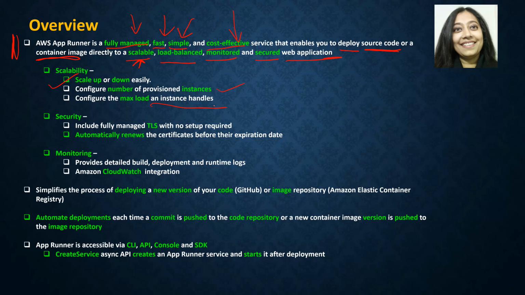So it gives you complete scalability over your application, right? We said it is load balanced. Yes. As the load increases or decreases, it will use auto scaling to manage or balance the load. And internally also, between the instances that are there, it automatically load balances the various requests that are received by the App Runner service.